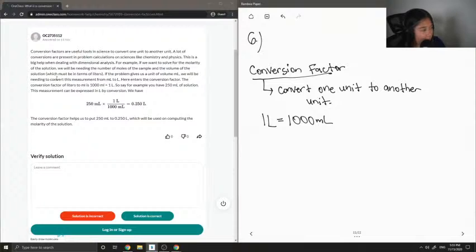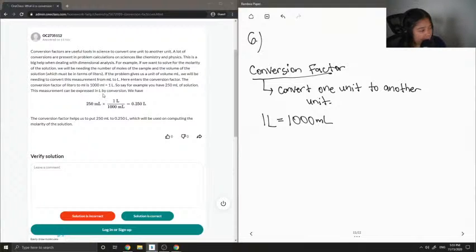If the problem gives us a volume in milliliters, we will need to convert this measurement from milliliters to liters. Here enters the conversion factor. The conversion factor of liters to milliliters is 1000 mL is equal to 1 liter.